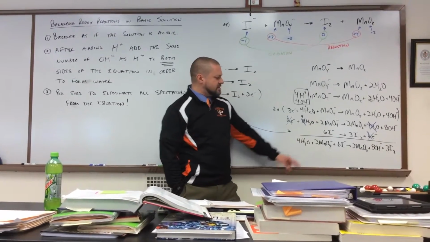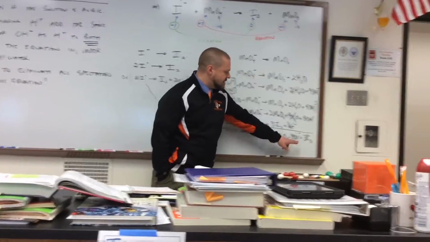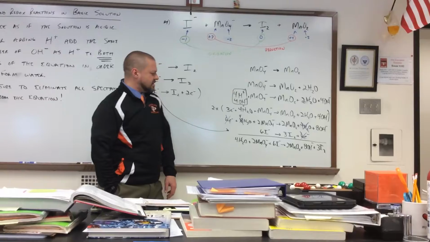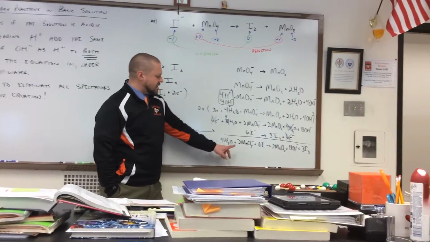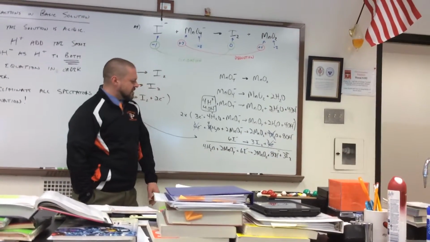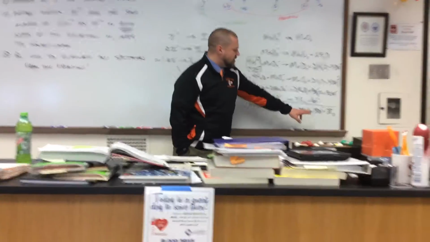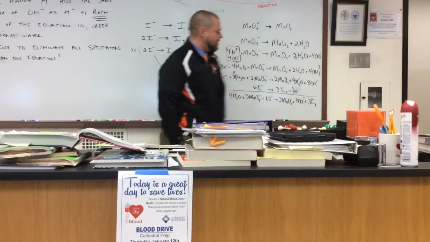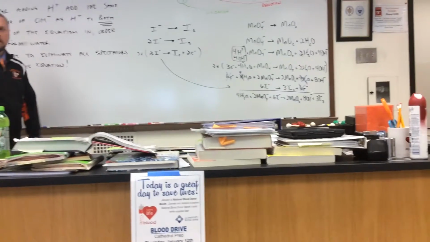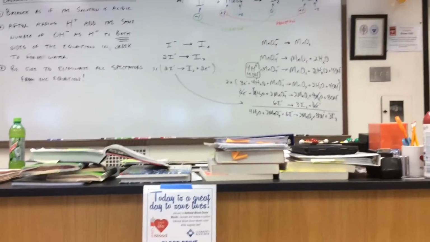I already counted the O's. 6 I's, 6 I's, 3 times 2. And then check my charge. I got 2 negatives plus 6 more negatives. So that's negative 8. And I have OH negative 8 of them. That's balanced then. So really, do you see it's not like a big stretch over what you already did?